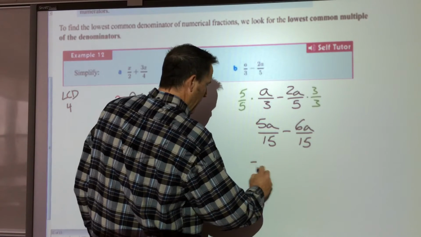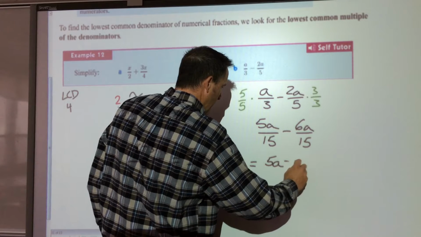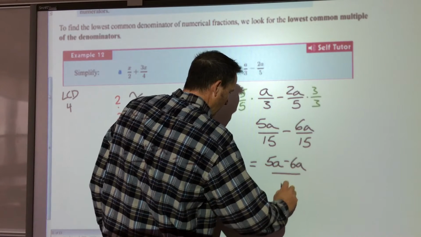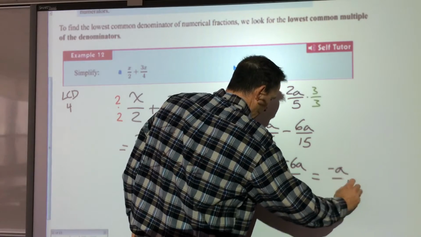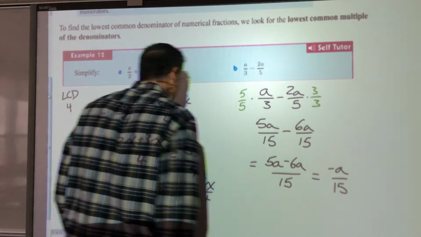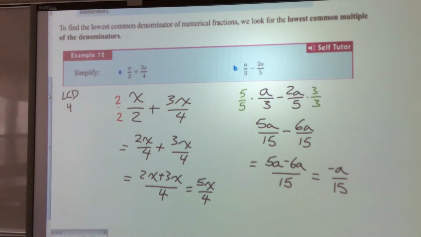And yeah, so I have 5a minus 6a over 15, negative a over 15. Hopefully that will go well for everybody.